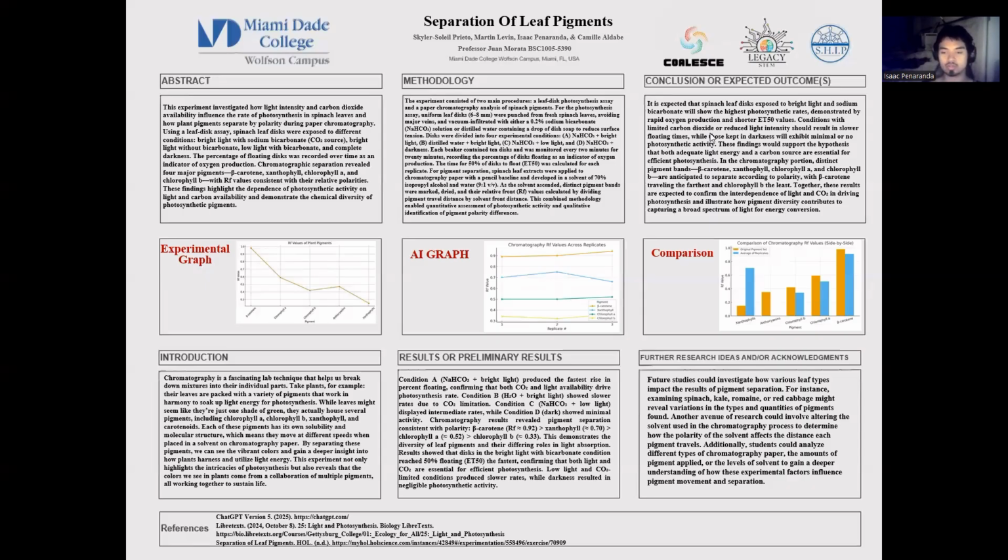The solvent used in the chromatography process could also be varied to determine how the polarity of the solvent affects the distance each pigment travels. Additionally, students could analyze different types of chromatography paper, the amounts of pigments applied, or the levels of solvent to gain a deeper understanding of how these experimental factors influence pigment movement and separation.